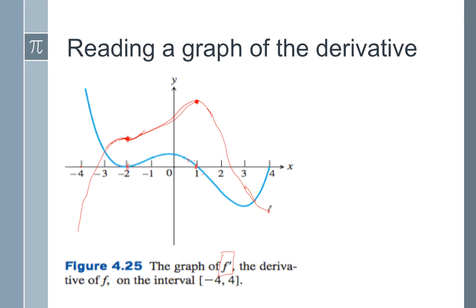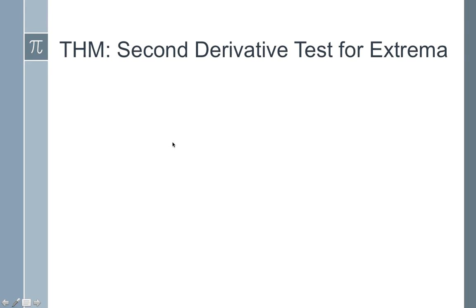Now this is not the exact function f of x, but rather an example of what f of x could look like. All right, let's go ahead and look at some more stuff with the second derivative.